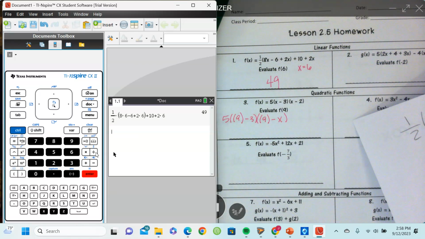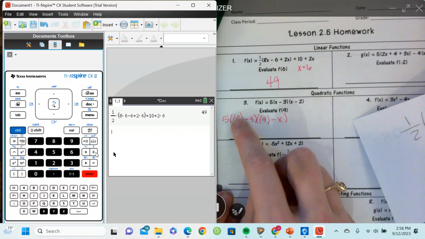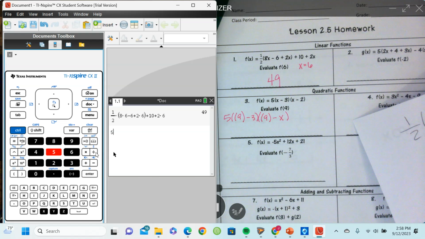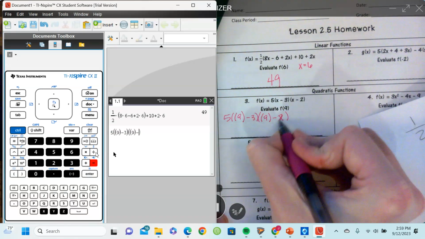You do whatever works best for you. That extra set of parentheses makes sure that your calculator does the math right. I know it feels weird to be putting all those parentheses in there, but it makes sure your calculator's doing what it needs to be doing. Oh, how did I do that? That should have been a 2. I'm sorry.